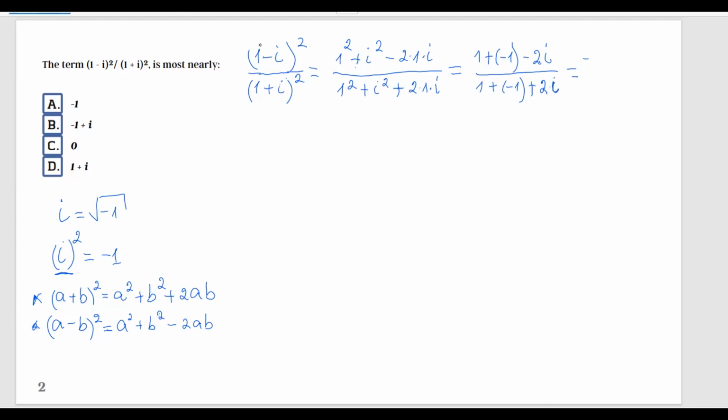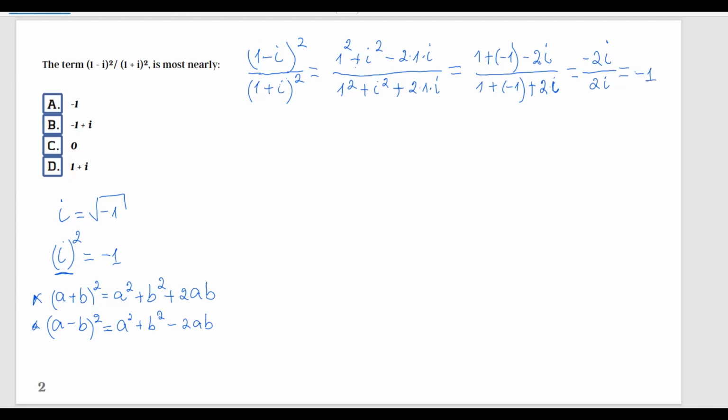We're left with only minus 2i, divided by, same at the bottom, 1 plus minus 1, which is 0, and we are left with 2i. So we have minus 2i over 2i. That's going to give us minus 1.